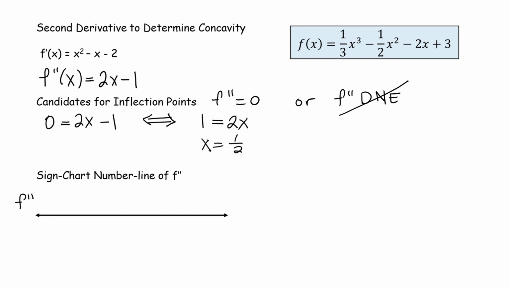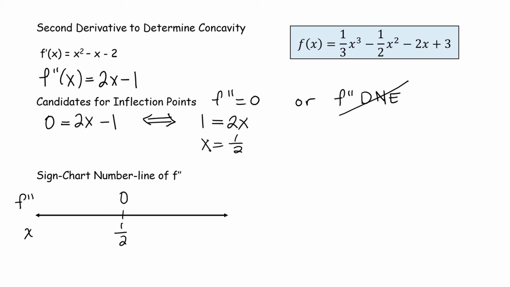I'll write f double prime above the number line and x below it. I'll indicate that when x is 1/2, the second derivative is 0. Now we have two regions. We'll pick numbers in each of the regions and evaluate that number in the second derivative for the sign.